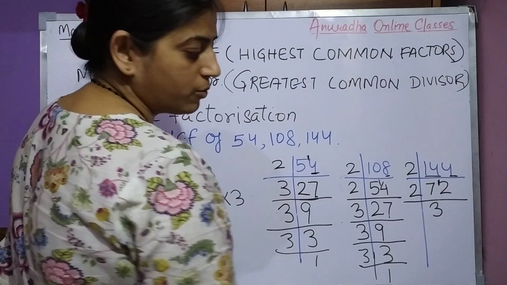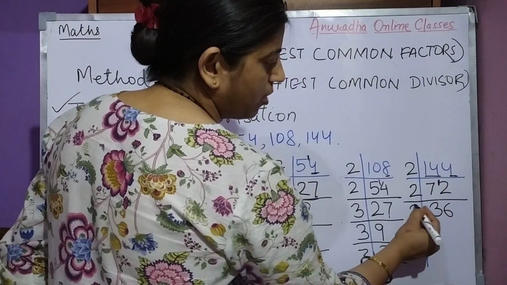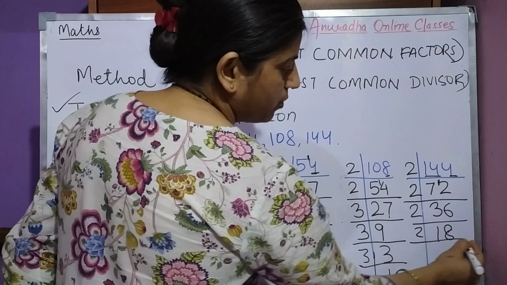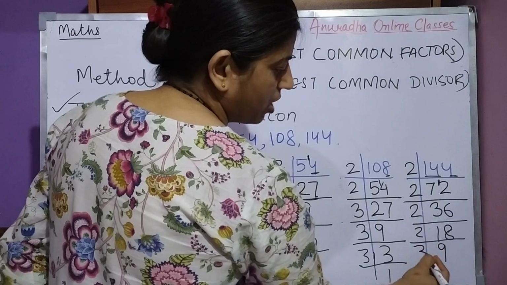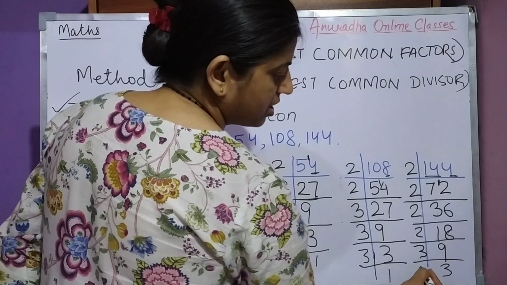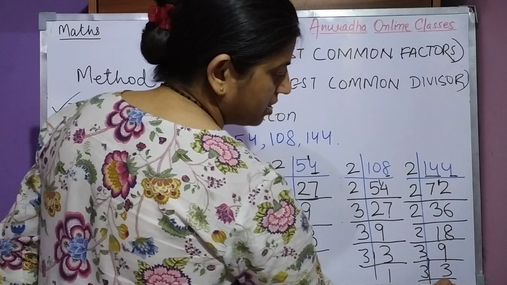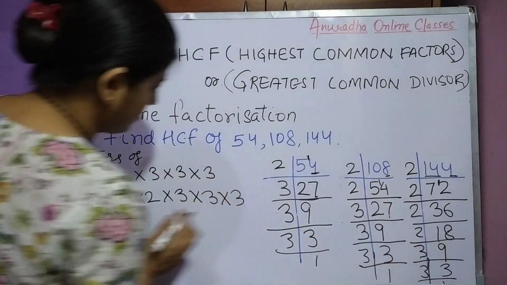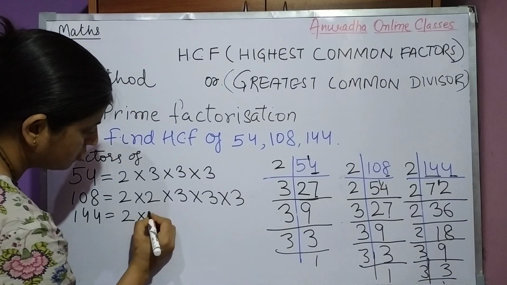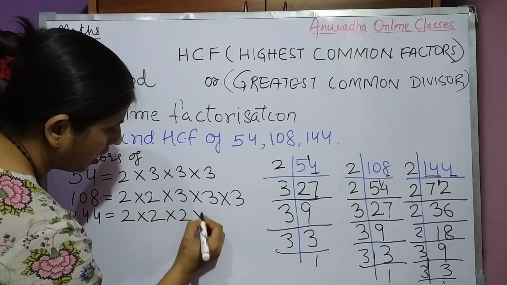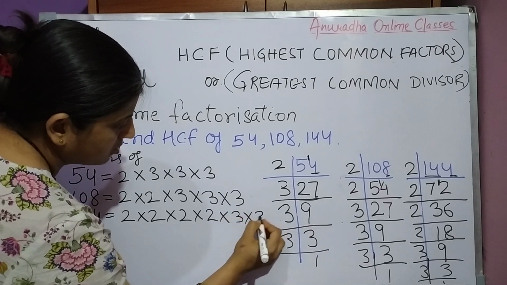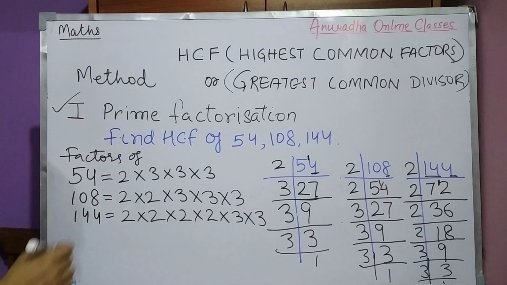It is 12 now. 2 6s are 12. Now again with 2. 2 18s are 36. Now with 2. 2 9s are 18. Now with 3. 3 3s are 9. Then 3 1s are 3. So we get the factors: 1 2 3 4 times 2, and 3 how many times? 2 times 3. So children, what are the common factors?